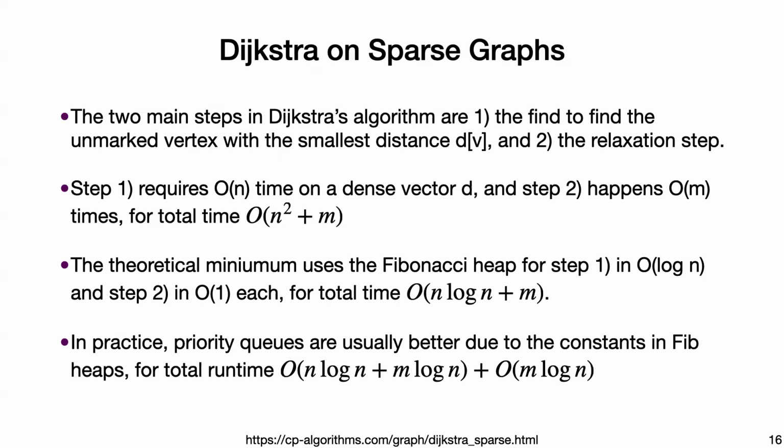So in practice, what is more used is a priority queue, where each operation, relaxation and reduction, happens in log n time. So that's n log n plus m log n, which is the same thing. M is bigger than n, so this is m log n.